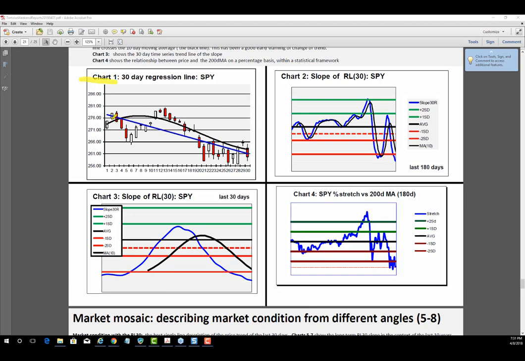So the blue line is the actual 30-day regression line itself, and you can see it is sloping downward. It's below 0. So on chart number 3, which computes the slope value, the dotted red line is the 0 line. So whenever this blue line goes below that, that means the slope is actually negative.